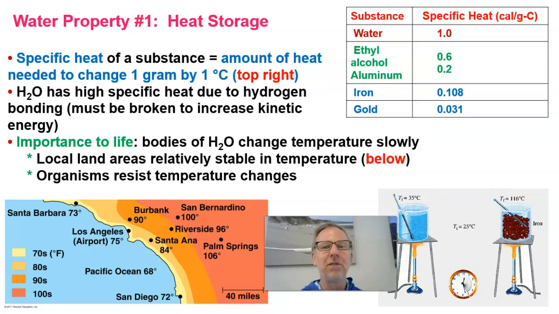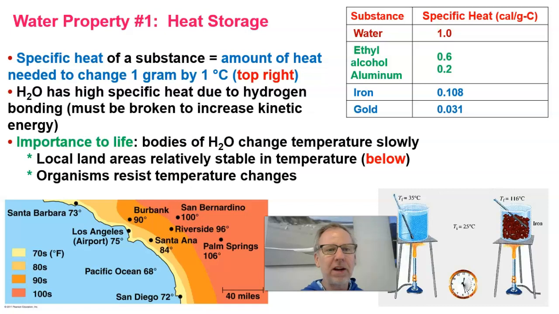Temperature is a measure of the average kinetic energy. So because it takes so much energy to break those hydrogen bonds and get the molecules moving faster with more kinetic energy, that's why water changes temperature so slowly. That's why it stores or holds heat so well.